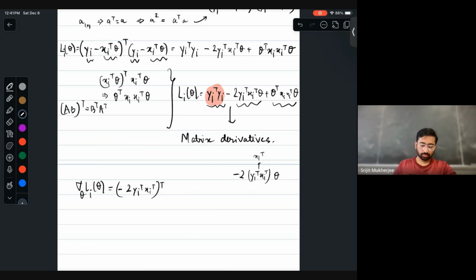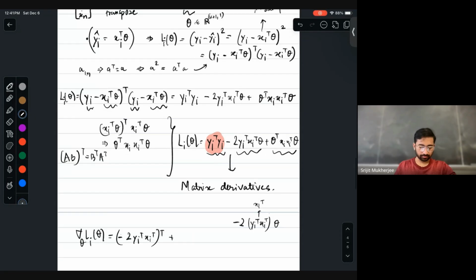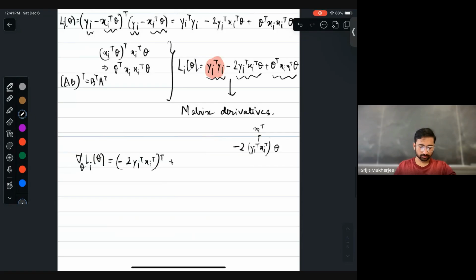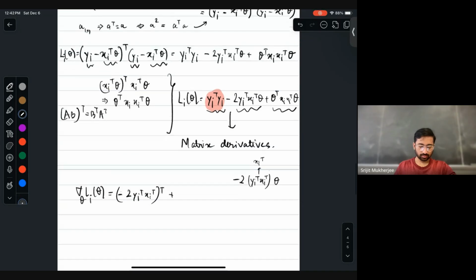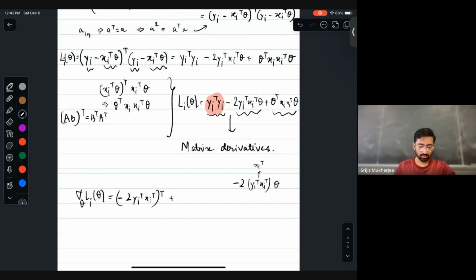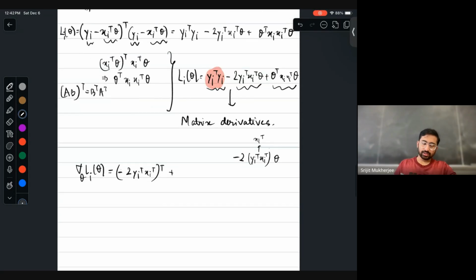So, just give me a minute. If you take the one dimensional version of this, it will be theta times a constant times theta.